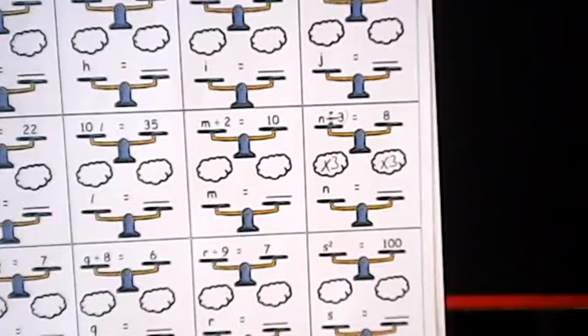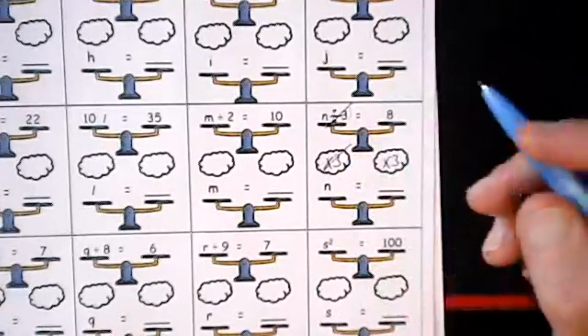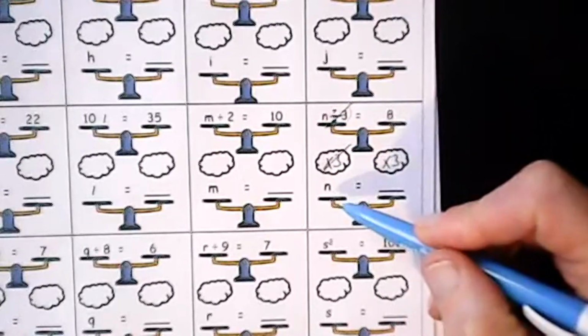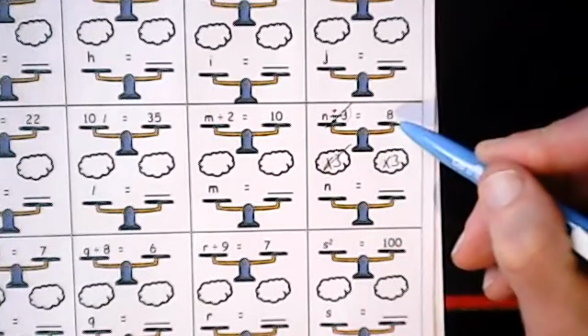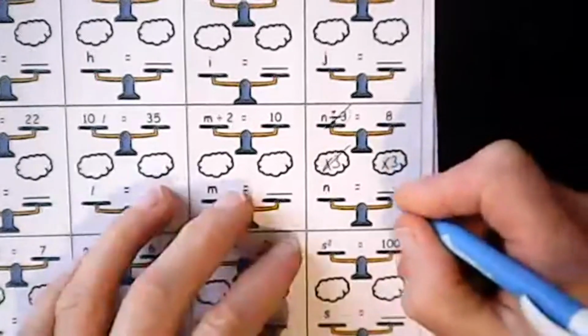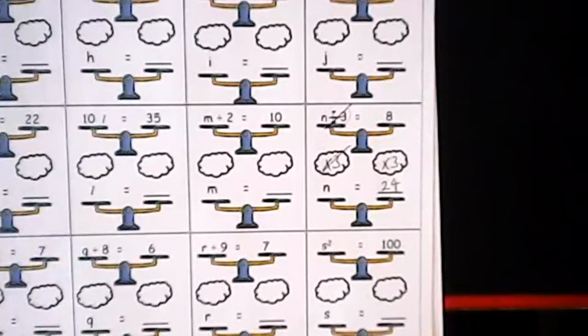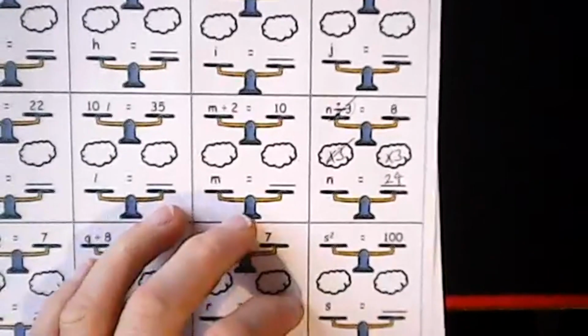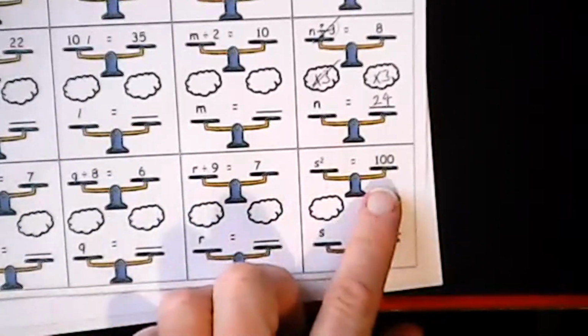So that means that a divide by 3 and a times by 3 cancel, leaving n on its own. But I've got to do the same to the other side, so 8 3s are 24. Brilliant.